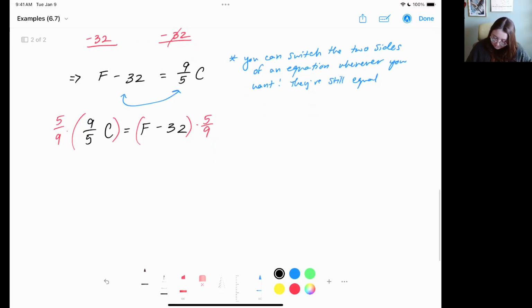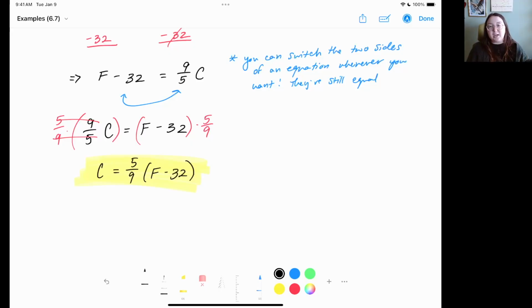So that automatically cancels our fraction there. And we end up with c is equal to, and we're going to just move that fraction to the front, 5/9 times f minus 32. So that is one way to solve an equation that looks like that.